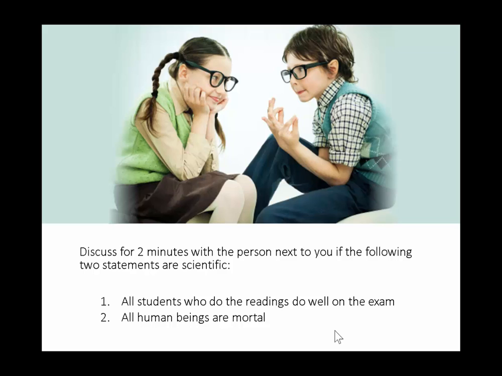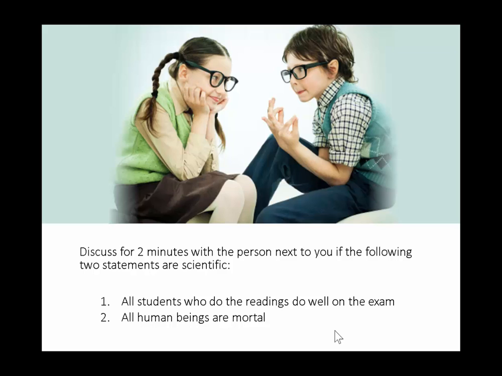Why? What would we have to do in order to show that all human beings are mortal? You would have to live forever to see that there's nobody else who hasn't died yet.